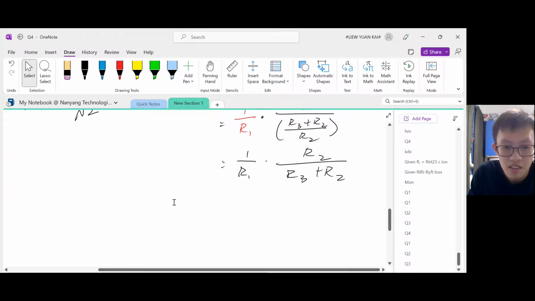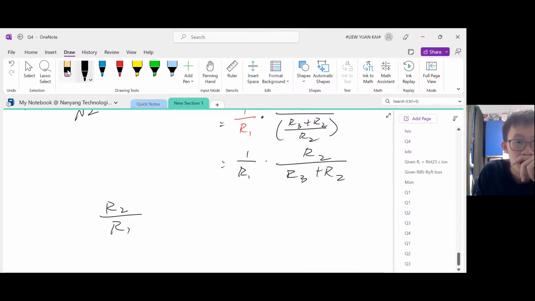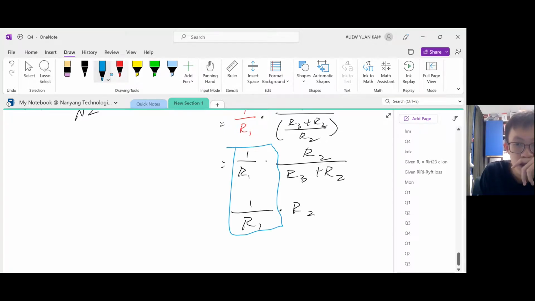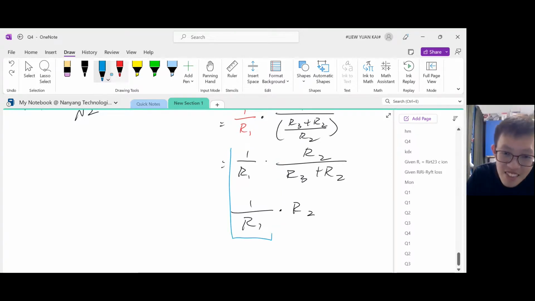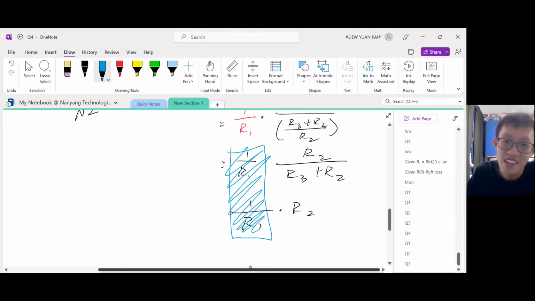Let me just compare. If I pull this away, I'm trying to compare this. So this thing is the same. Okay, idea. You see, these two are the same, right? So we don't need this to compare. Well, how are we going to compare?